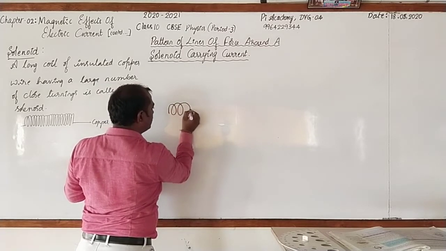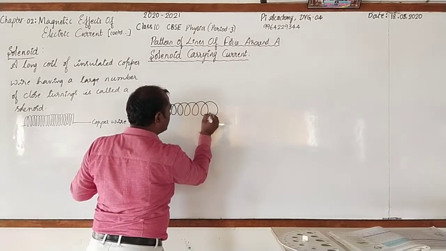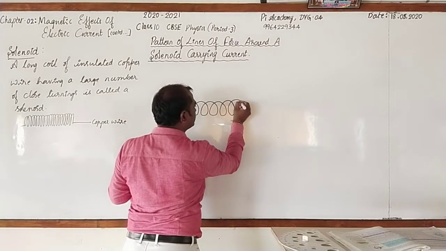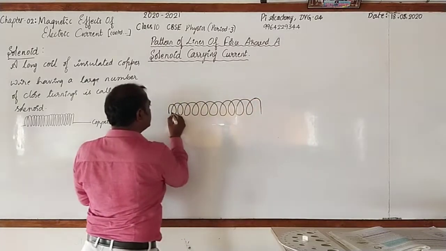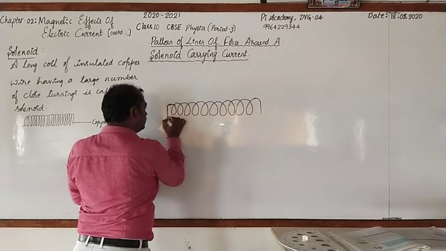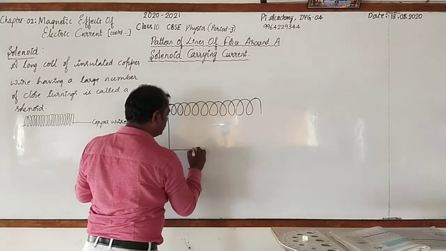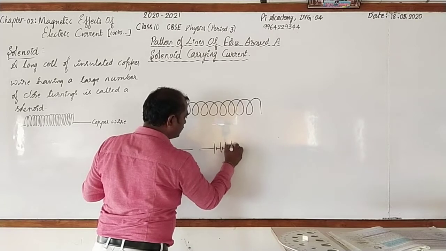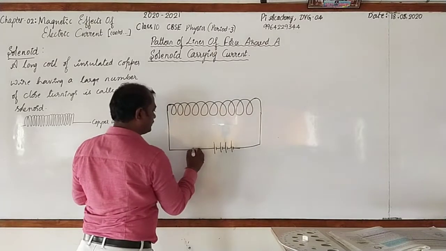Here, this is the copper wire, and we are going to make a number of loops, like a spring-like structure. And these turnings are very close to each other. Then we have to connect the free ends of the wire to the terminals of a battery along with the switch here.